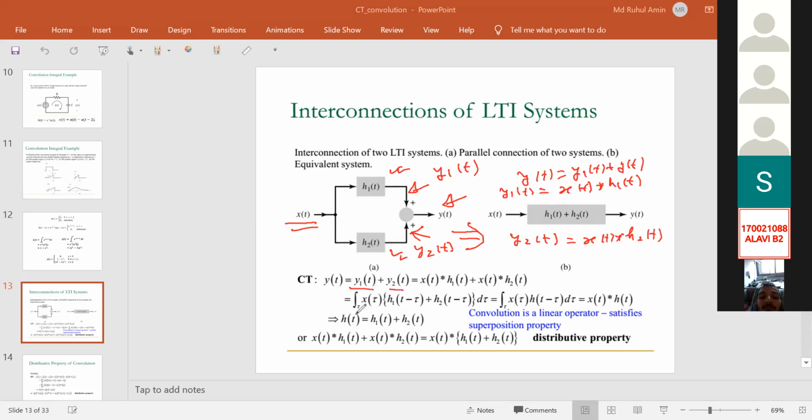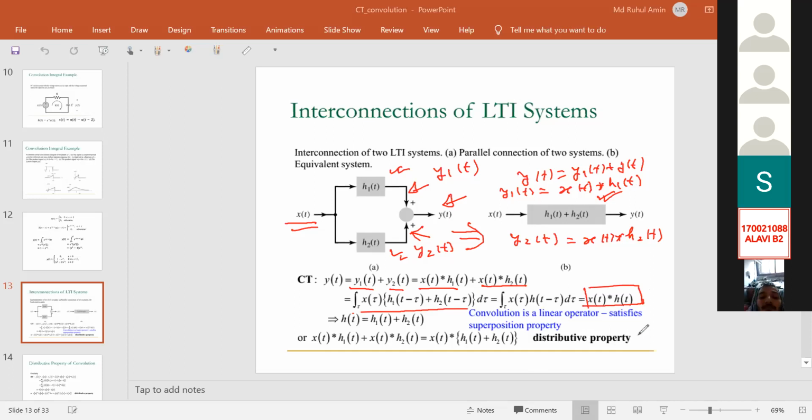Then you sum y1(t) and y2(t) together, and by using a simple thing, you can group them together. You will find an equation something like this. So what you are obtaining is a system where the total impulse response will be equal to the sum of the impulse responses of the individual systems connected in parallel.